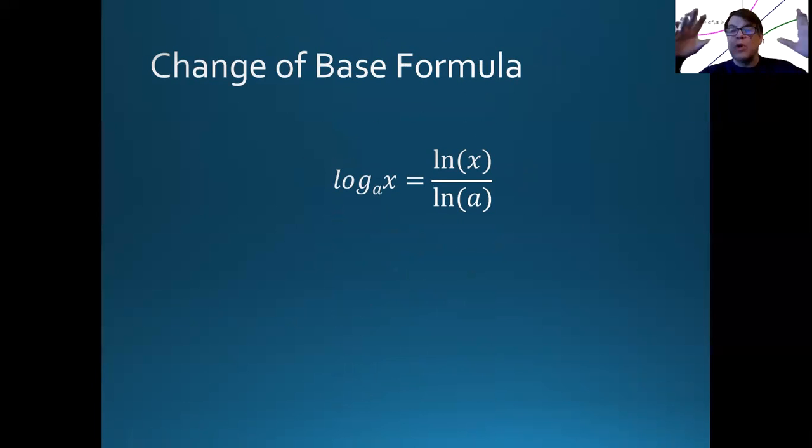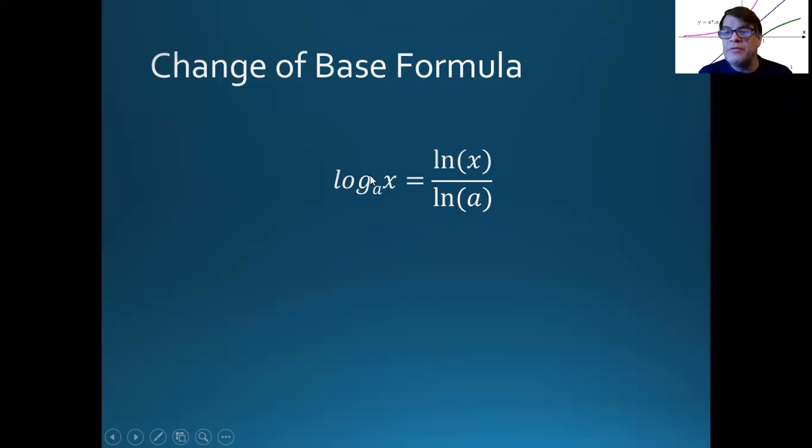So when you have strange logarithms, and by that I mainly mean strange bases, this formula allows calculators to calculate logs of any base. So the log base a of x equals the natural log of x over the natural log of a.